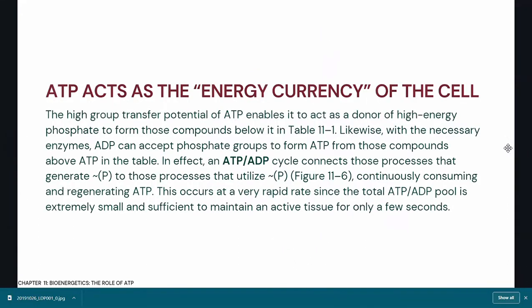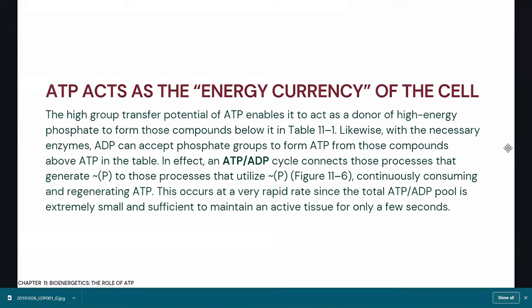Here you are. ATP acts as the energy currency of the cell. So what is our Philippine currency? Peso. Very good. American currency is the dollar. No? All right.